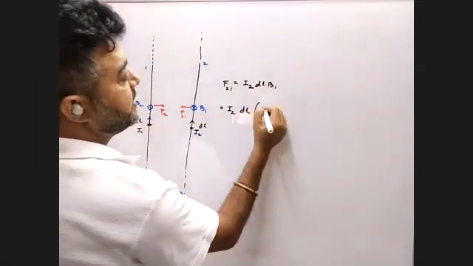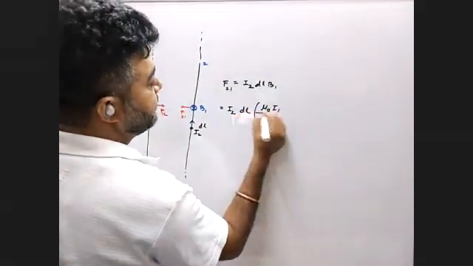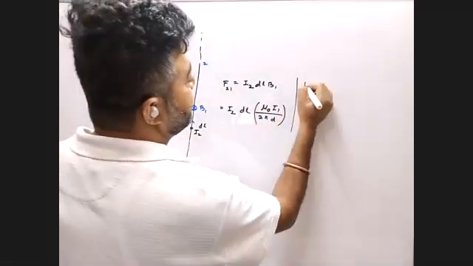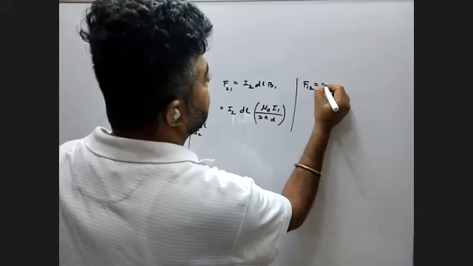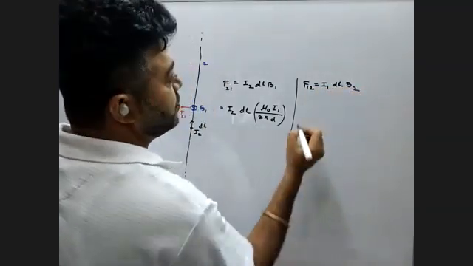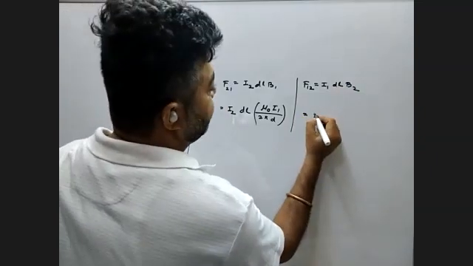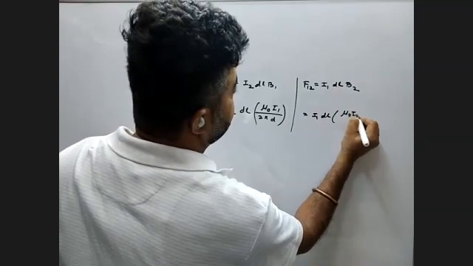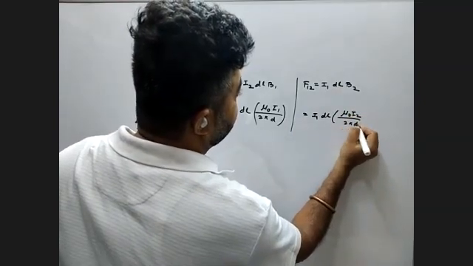What is the value of B1? Mu naught I1 by 2 pi d. Similarly, the force at 1 due to 2 is I1 dl B2, which is I1 dl mu naught I2 by 2 pi d.